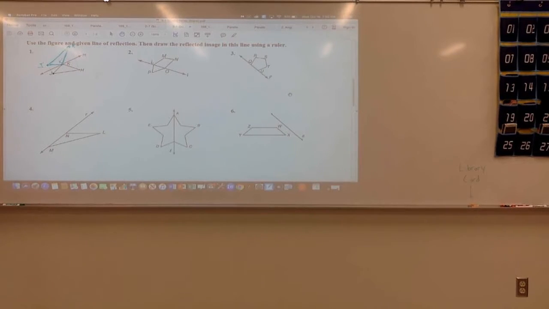So the lines are curved? No. The lines will never be curved. A curved line isn't a line. It's some curved thing. What would that be called? No, a ray is still straight. Curved.